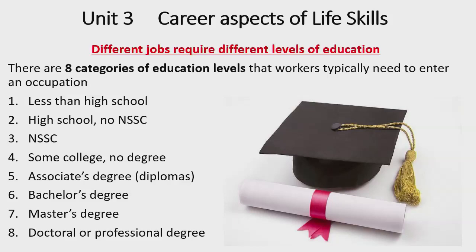So number 1 is less than high school. So it might be that you have grade 10. Number 2 is high school without NSSC. Number 3, NSSC. 4 is some college but no degree. 5 is an associate degree, which is also known as a diploma, then bachelor's degree, master's degree, and doctoral or professional degree.